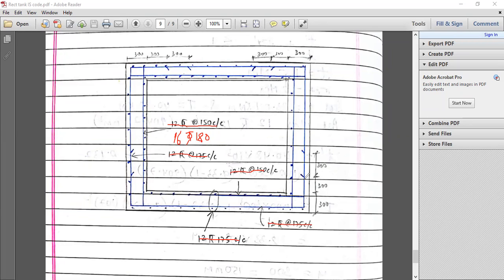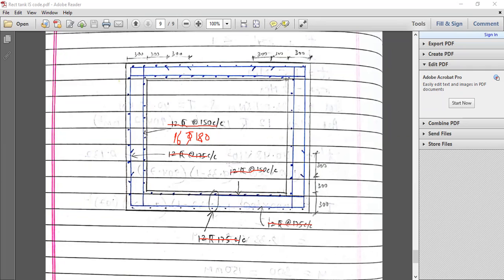Because the stress we have considered is less. 130 consider किया है, पहले क्या consider किया था? 150. So did you understand the difference? When we consider less permissible stress, तो डिजाइन क्या हो जाएगा? हैवी हो जाएगा, और ज्यादा सेफ हो जाएगा.